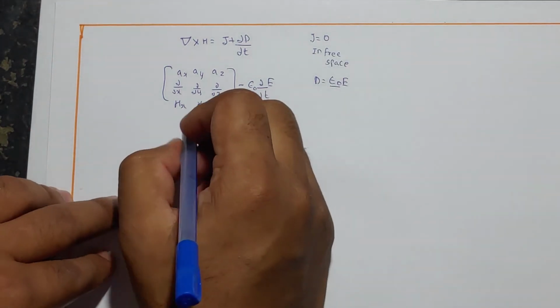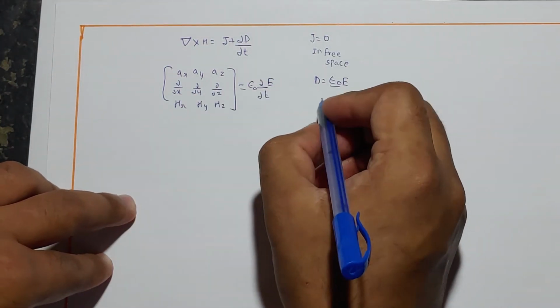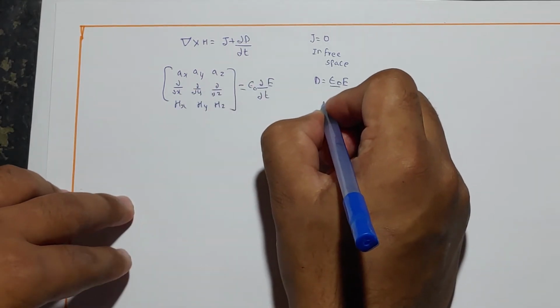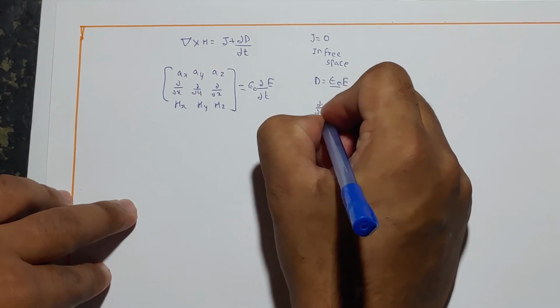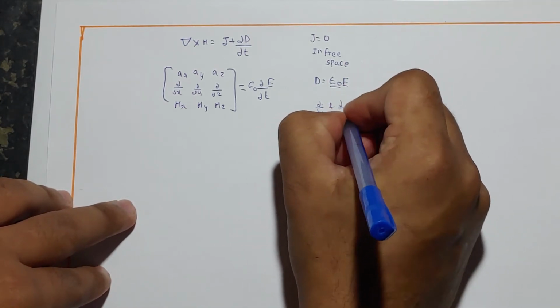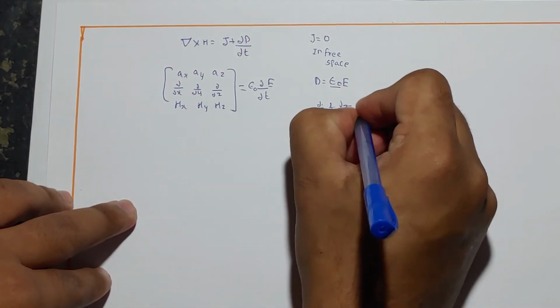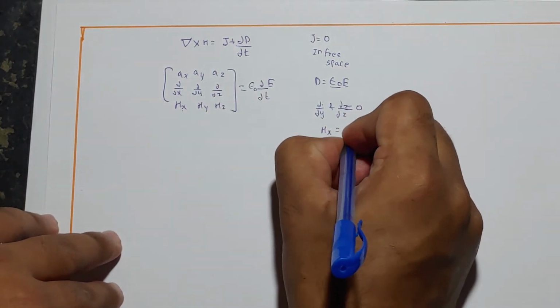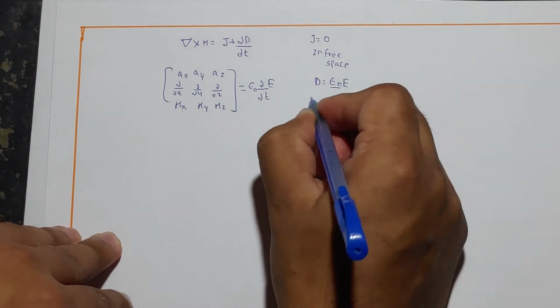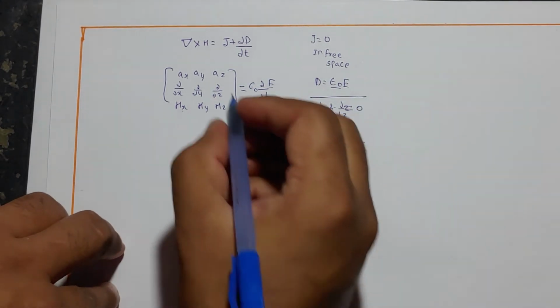Now as we know that in the propagating direction, only dou by dou x is left, and dou by dou y and dou by dou z would be equal to 0, and Hx would be equal to 0, as these are propagating in x direction. So let us apply them.